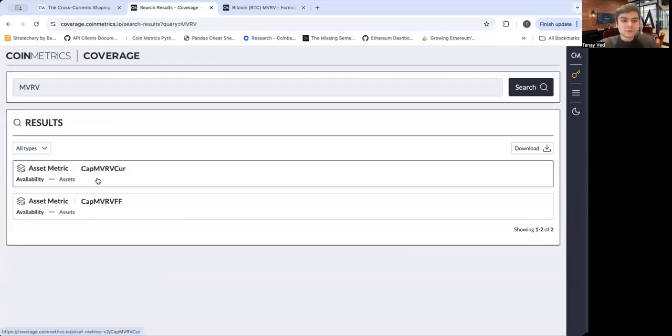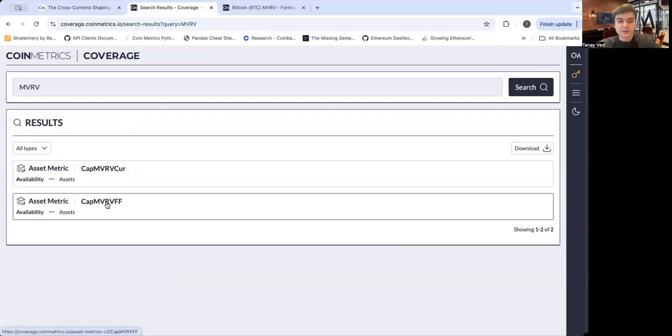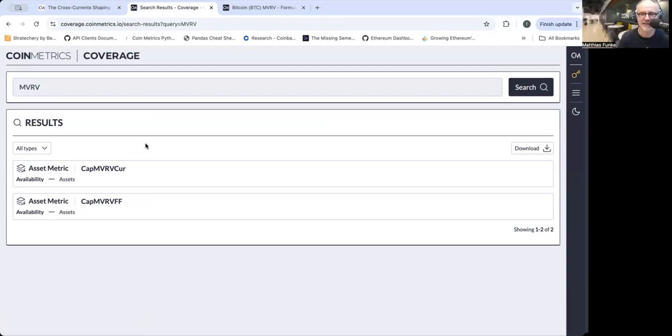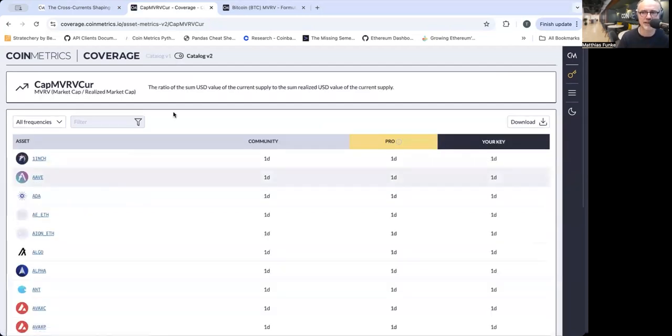So I'll just hop over to our charting tool and type in MVRV. We have two different flavors of MVRV. One is based off of our current supply metric, and the other is based on a free float supply metric. But we'll be focusing on current supply, since I know you've already gone into the depths of free float supply. Sure. And that is already a ratio, right? So it compares something to something else. Explain that a little bit. Yeah, that's exactly right.